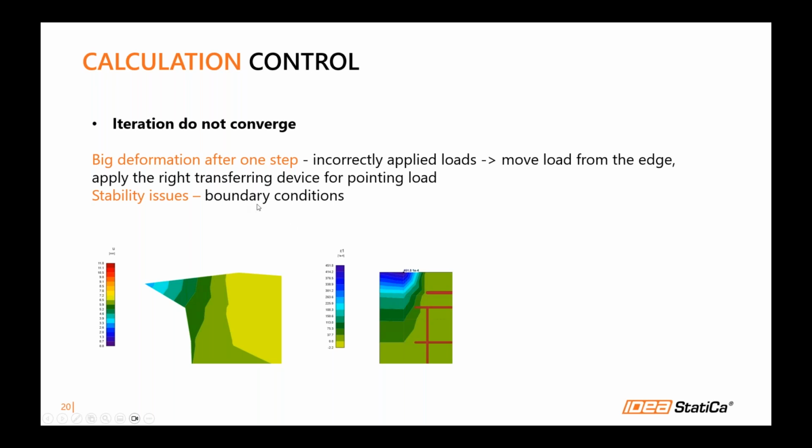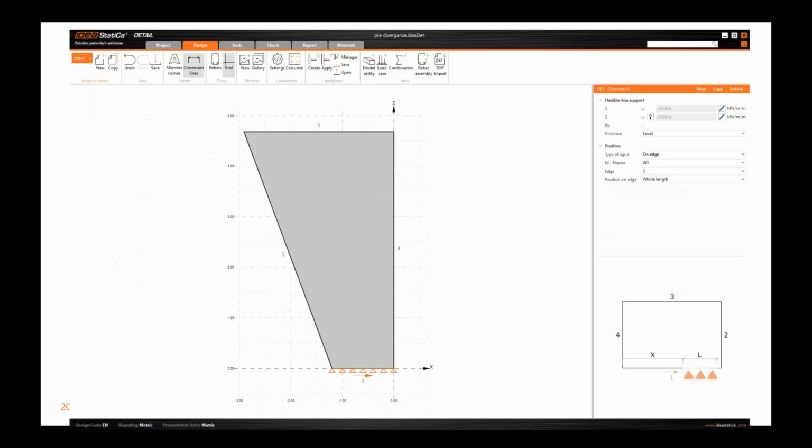So it might happen that the software cannot find a solution when there is, for example, big deformation during one step. So it's similar to when you have tension in the concrete, or when there are some stability issues, when you have wrong boundary conditions.